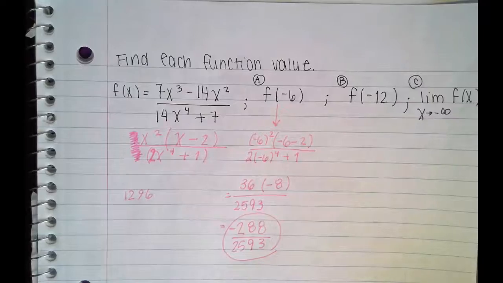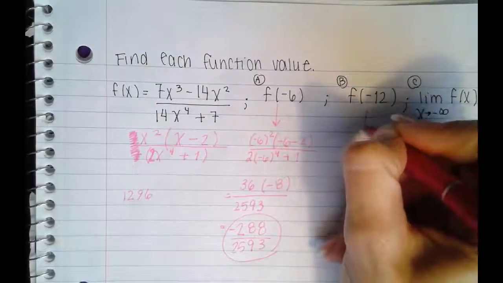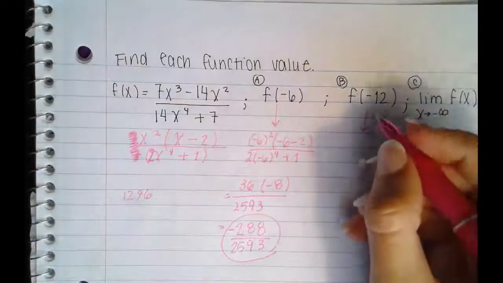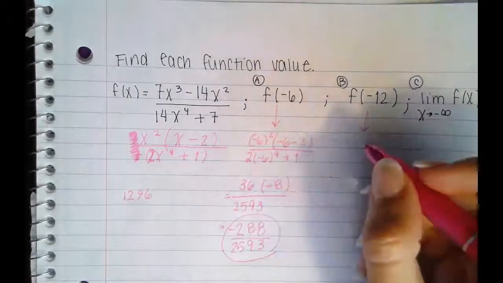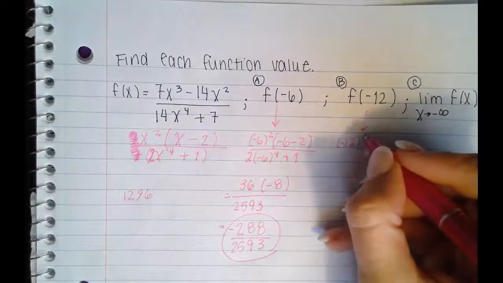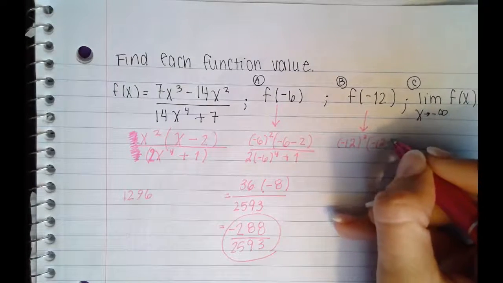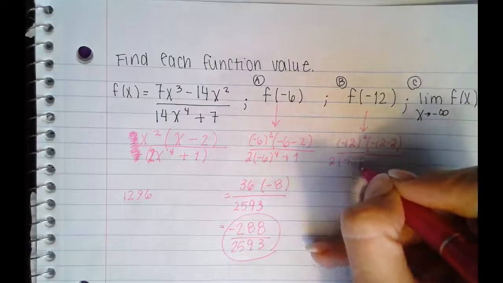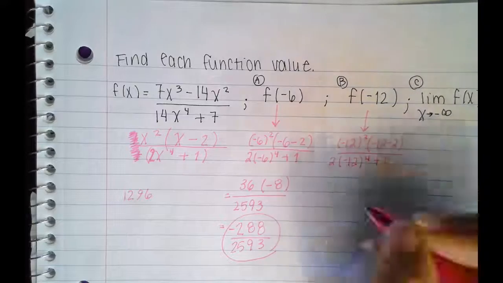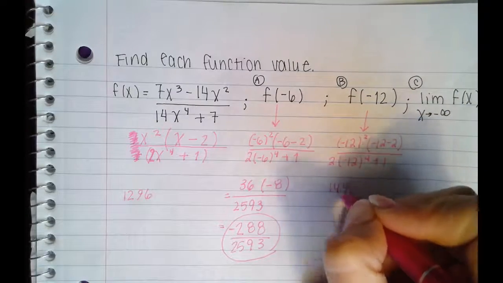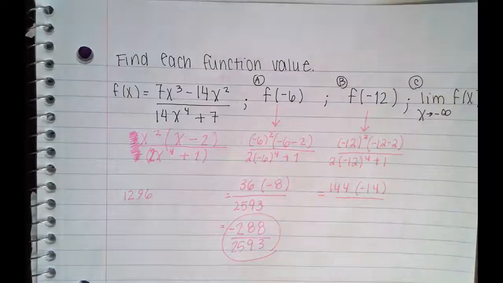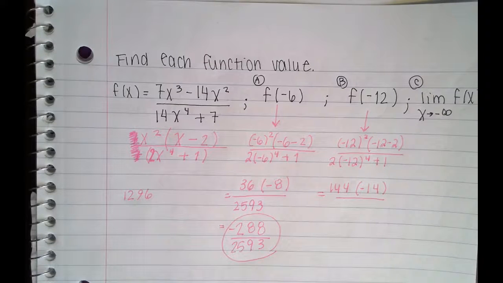Now, plugging in negative 12, it's not like it's going to magically double, because it's double the input. It's not how it works. So I'm going to plug it in the same way. Negative 12 squared, negative 12 minus 2 over 2 times negative 12 to the 4th plus 1. 144 times negative 14 over negative 12 to the 4th is 144 times 144, 20736.